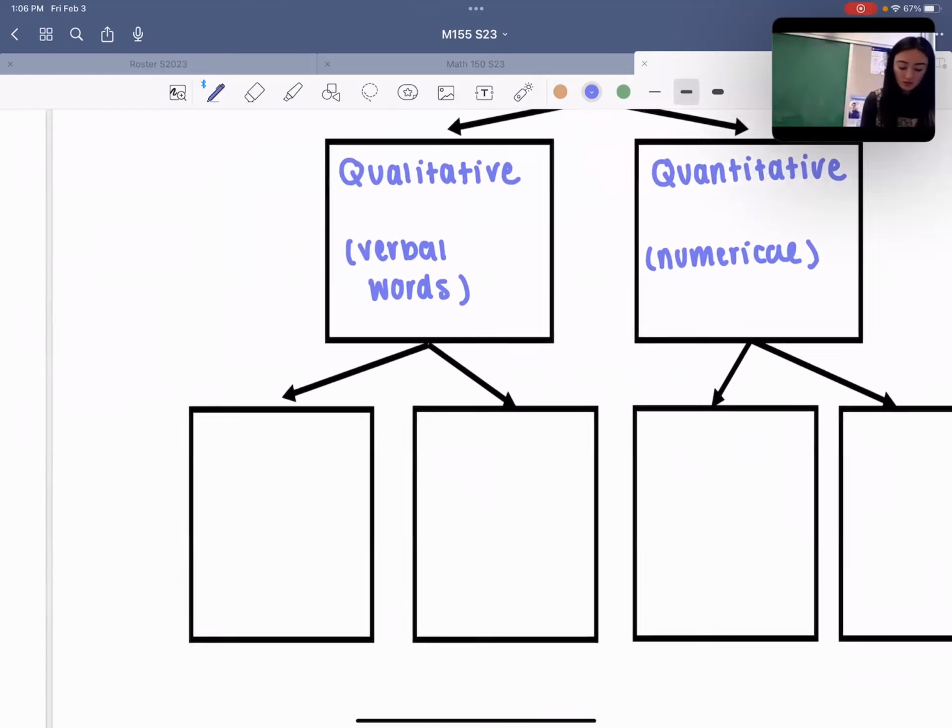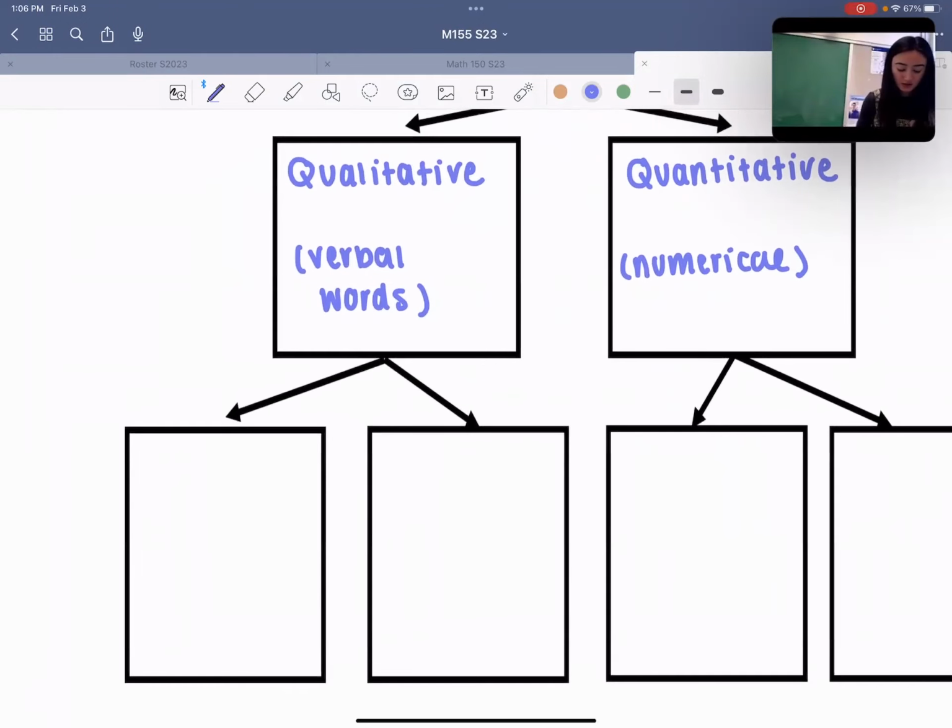So let's focus on qualitative first, okay? Qualitative data, words, right? And there's many different types of words. The way that we're going to separate these types of words is this way, okay? The first type of qualitative data that we're going to talk about is ordinal data, okay?